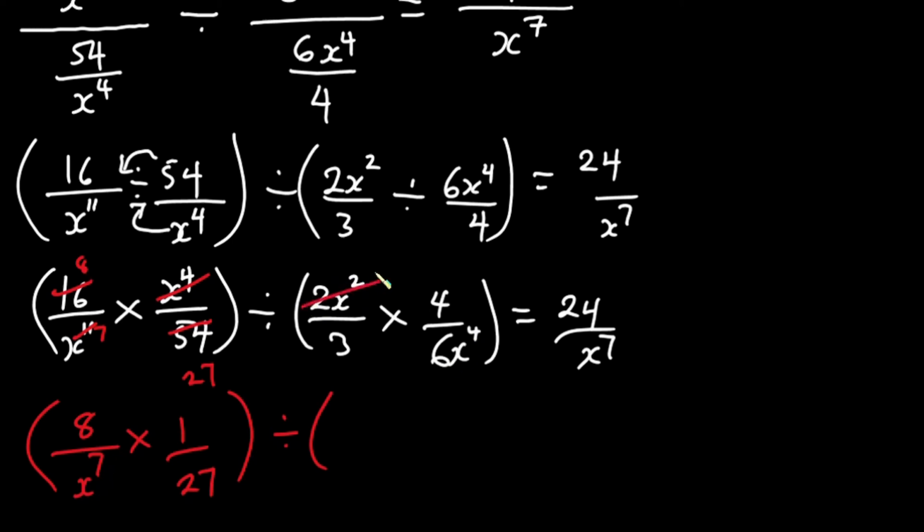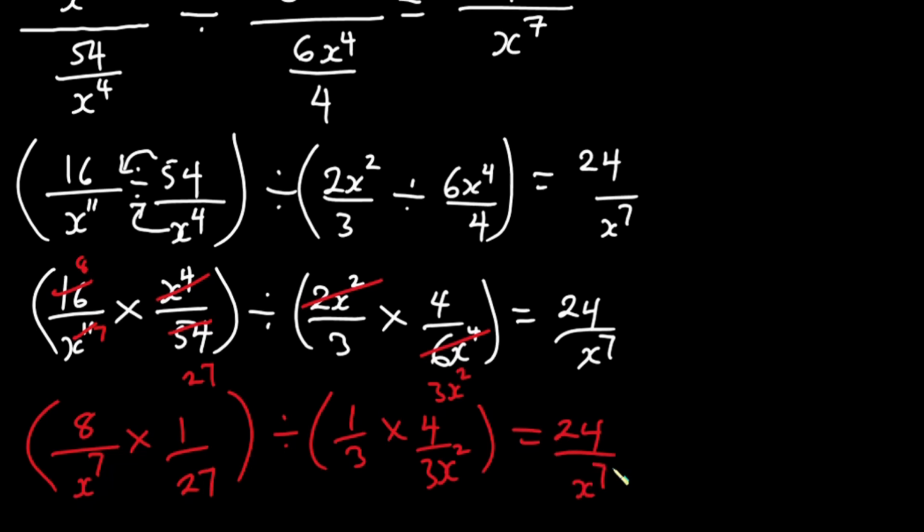So this whole thing can go here, 3x to the power 4. Alright, so we have 1 on 3 times 4 on 3x to the power 2. And then the whole thing is equal to 24 on x to the power 7.